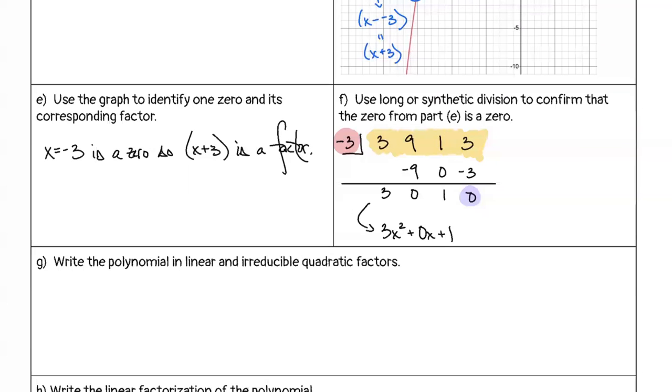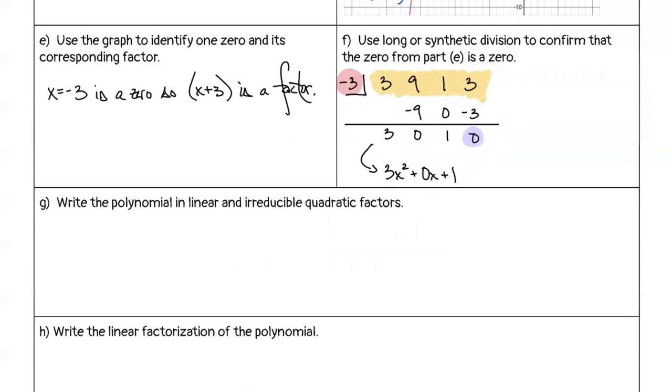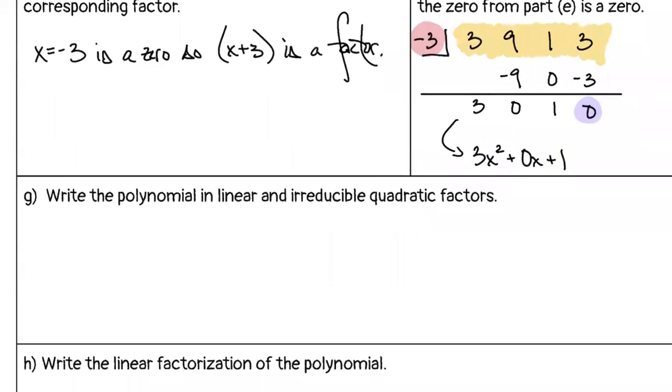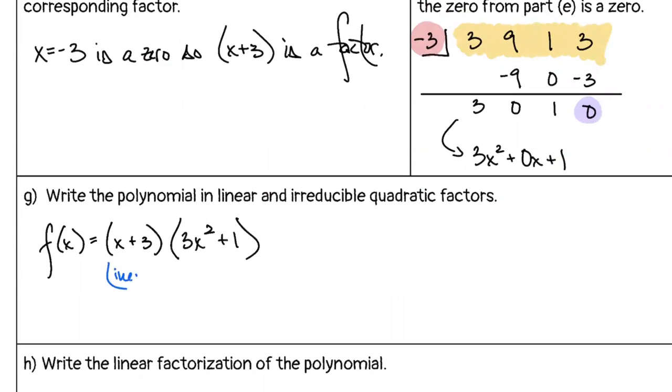And we'll talk about why those are called irreducible quadratic. Okay. So our f of x is going to equal x plus 3 times 3x squared plus 1. This is my linear factor, and this is my irreducible quadratic factor.